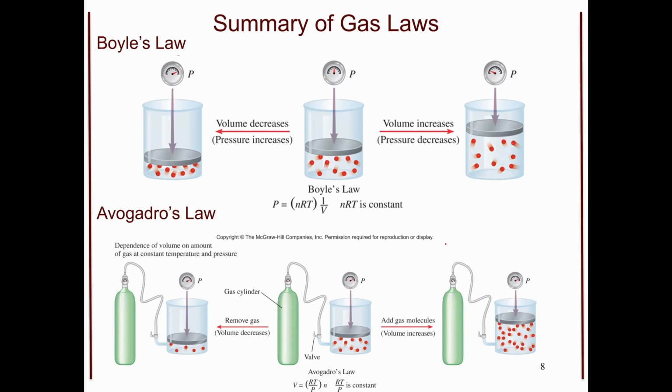However, if I go left and I remove some of the moles of my gas, I am able for them to occupy a smaller volume and them to still be happy and have the same pressure, because there are less molecules observing the smaller volume. So when dealing with Avogadro's law, you want to see how we are going to influence a reaction by increasing or decreasing the number of moles.